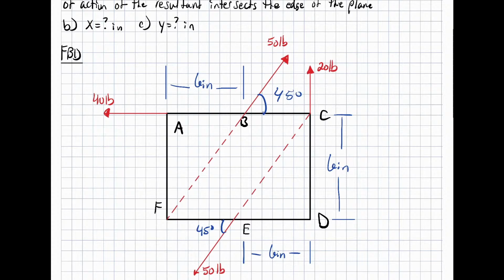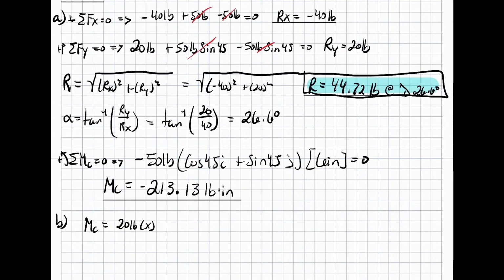We already found the moment about C, and the 20 pounds is going to be counterclockwise. But in our x direction, since we're at C, the only direction we can go is to the left, so it's going to be negative, if that makes sense.